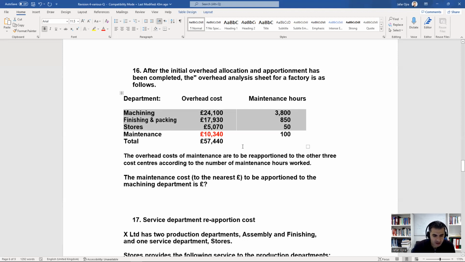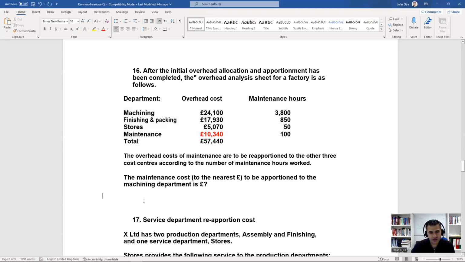So in this case, what really needs to be done is to apportion the maintenance cost, to the nearest pound, to the machining department. So we're looking at the machining department only. For the machine department, we have 24,100 as the overhead cost. That's fine. Now we need to add the new cost from the maintenance.